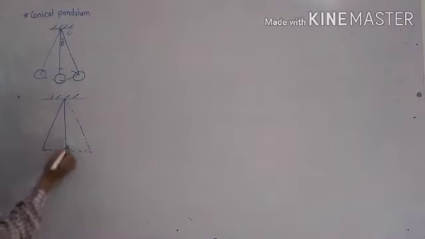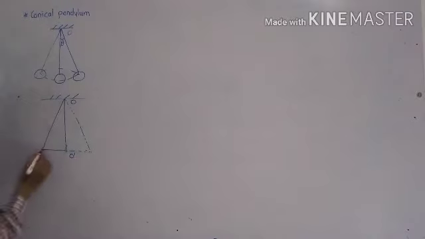Suppose this is the position, this is the vertex O, this is O1, this is the position of the bob here. Its weight is always acting in downward direction, that is mass into acceleration due to gravity, mg.